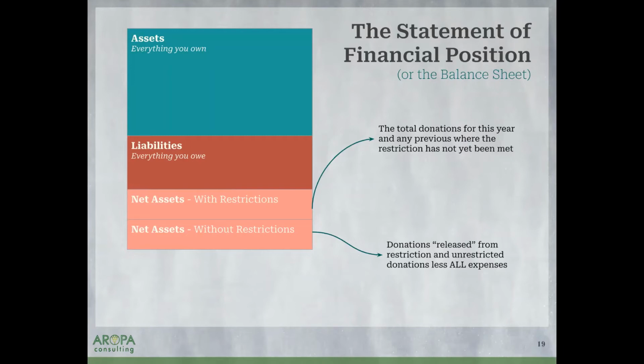And if you remember nothing else, please remember that your donor sets the restriction, and you need to understand what the restriction is and how you can satisfy it. And so our assets minus our liabilities equal our net assets, or the assets are equal to everything that you owe plus all of your net assets.